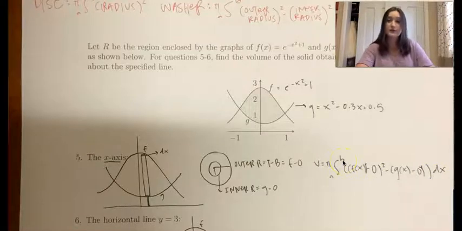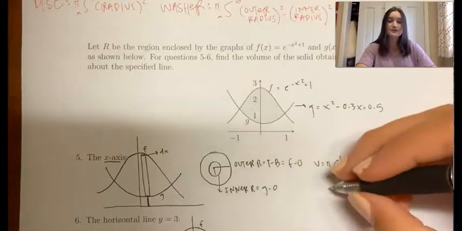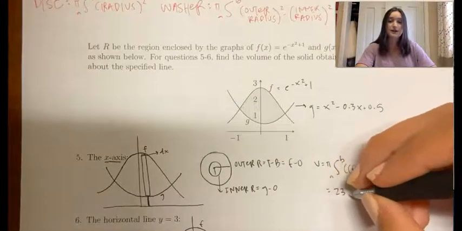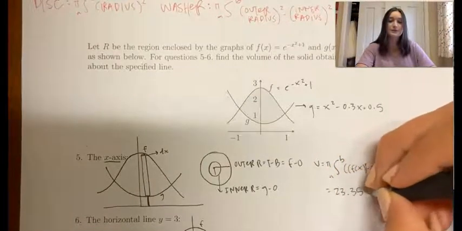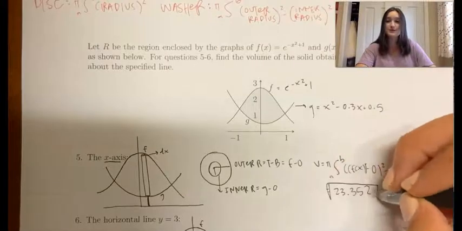After I find those intersection points, I plug in my negative 0.813 and my 0.945 into my calculator with my f of x and g of x functions fully written out, and in this case I get 23.352. And that's my answer.